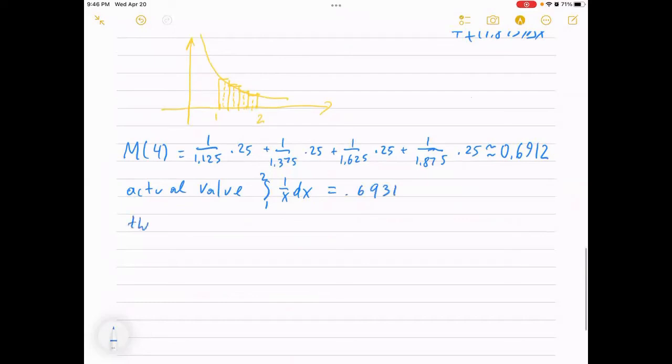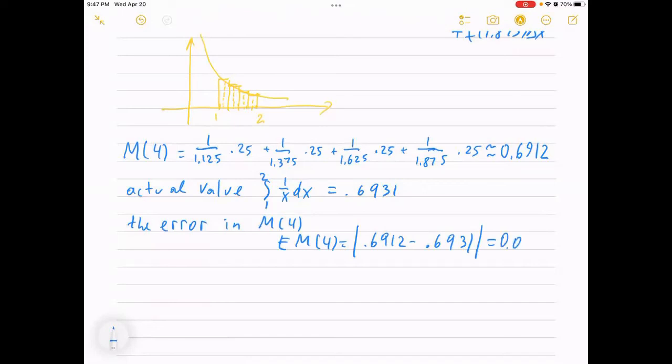So the magnitude of the error in M4 is going to be 0.6912 minus 0.6931, which is equal to 0.0019. Very small error.